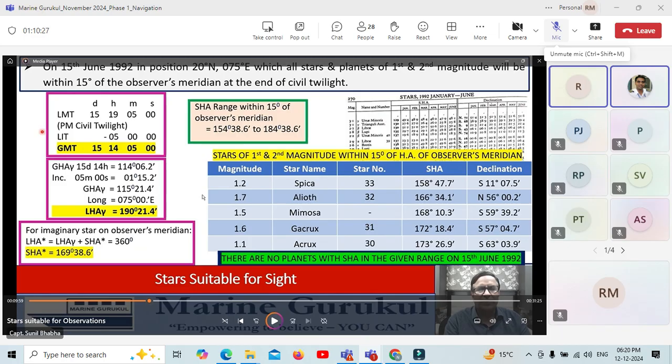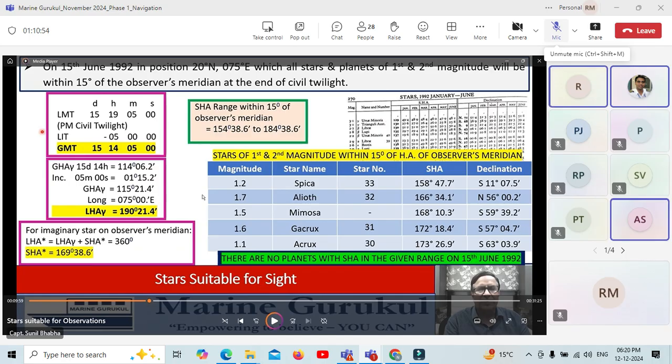Venus, Mars, Jupiter, Saturn. Check if anything is falling between 154 and 184. No, nothing, sir. Exactly. That is the answer for this question, beta. Okay, sir. There are no planets for this observation. Yes, that's right. If you find something there, then you will mention it here in your answer.